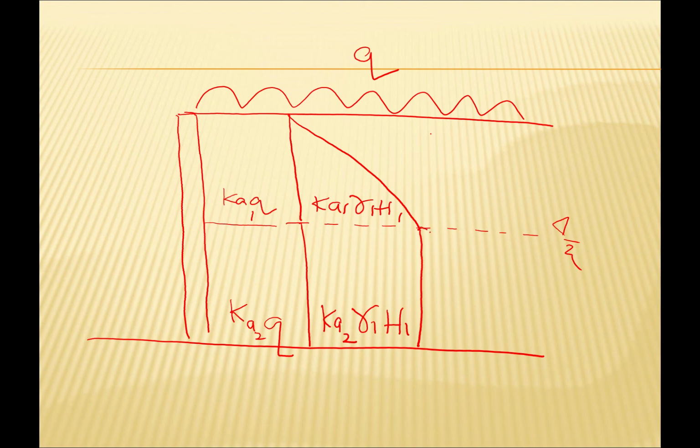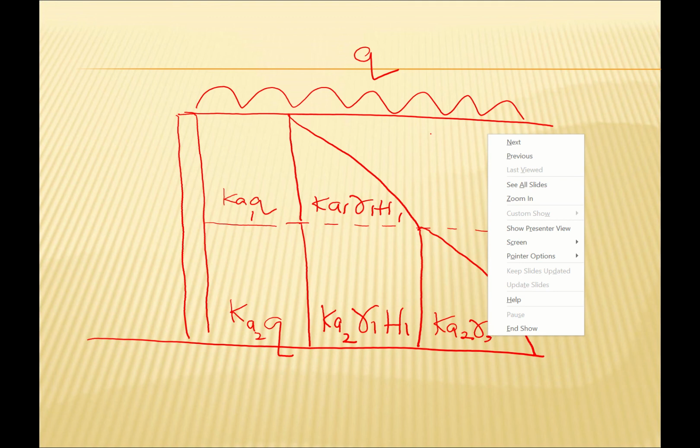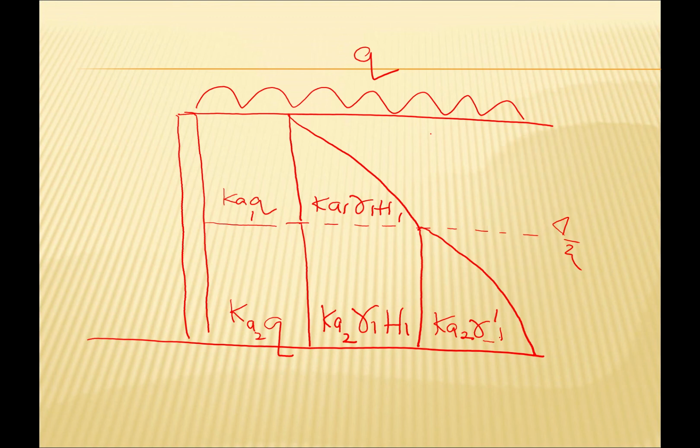In layer 2, another triangular you must draw, because this one reflects soil layer 2, and then you have KA2 gamma 2 dash H2. And then of course, because of this water, draw another triangular, and then you have gamma W H2.